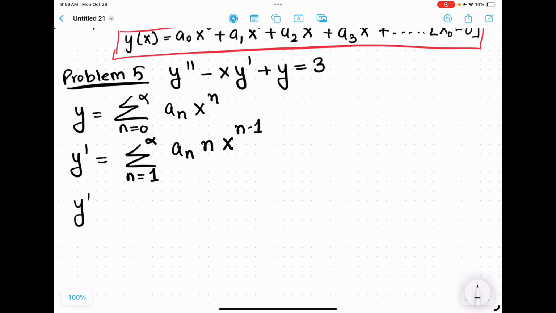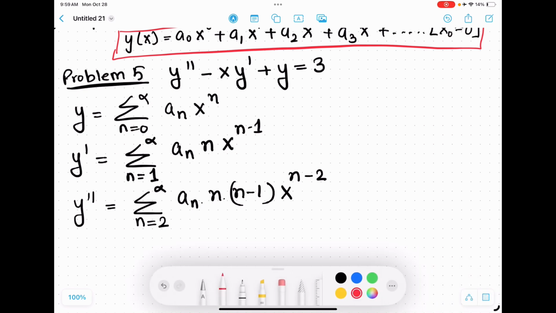And then since I'm deriving it once again, hence my starting index increases by 1 again. So now it's going to start from 2 to infinity, a sub n times n minus 1 times x to the power n minus 2. Okay, so I have these 3 power series expressions.